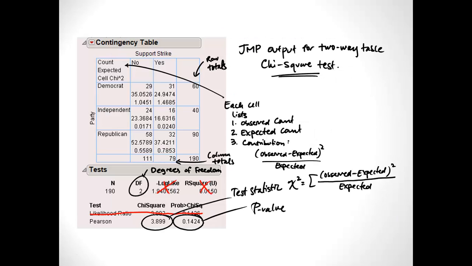So again, this is the JMP output, and just to remind you that the main thing down here is at the bottom. So here's this Pearson is the test statistic I want to go with, and your p-value. So I threw up the example you guys had from recitation, Dr. Baker's favorite example, I guess, with the political affiliation and support.